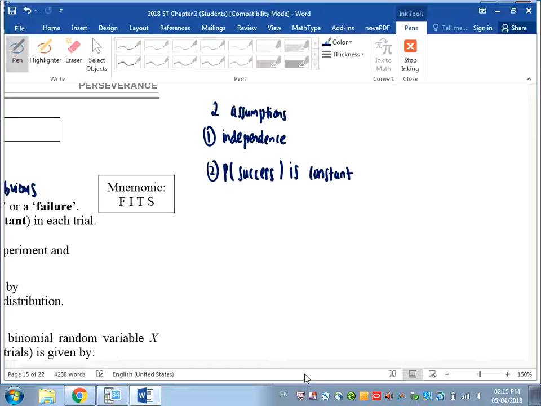But in the question, if you just say probability of success is constant, you will not get the mark, because you need to state it in the context of the question. We'll look at some examples later on and also inside your tutorial, of how to state the condition in the context of the question.